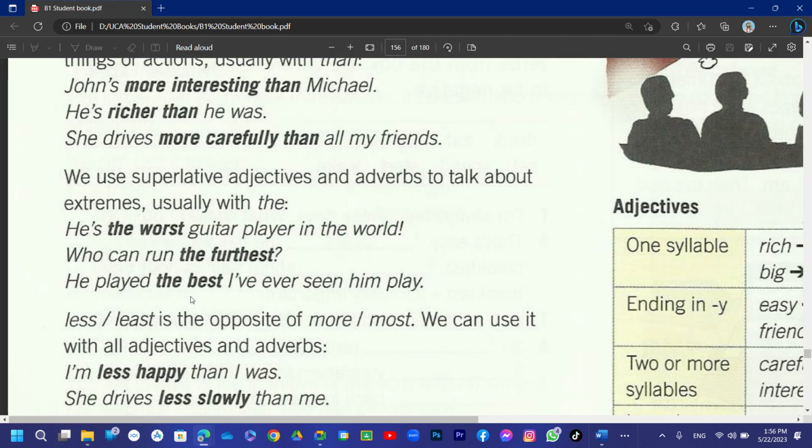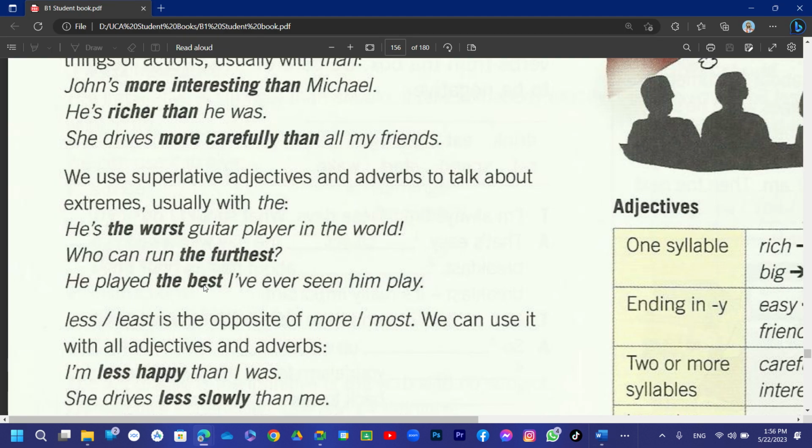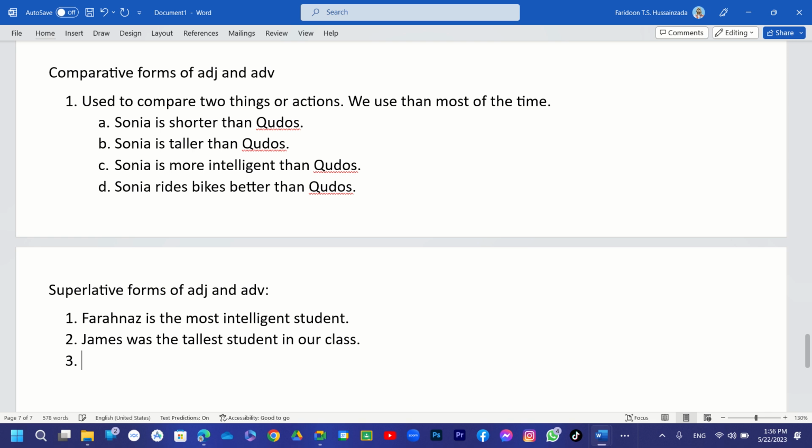And if we go with some other examples as well in here, so he played the best I've ever seen him play. This is the adverb here because you're talking about playing, the action playing. So you can change it as well and say like, Frozon is working the hardest out of all the employees.